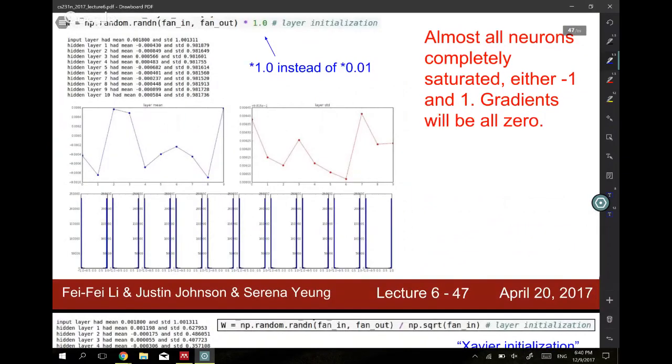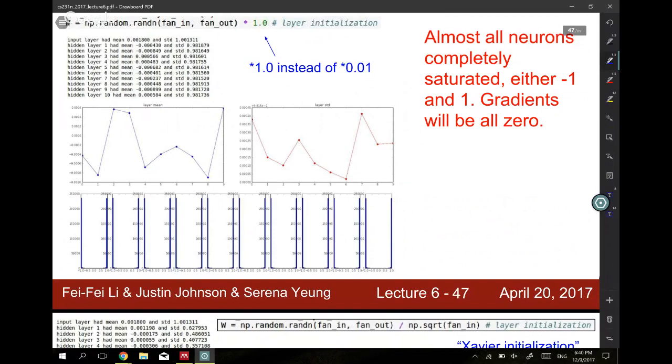So our next case is, instead of multiplying with some small number like 0.01, we multiply it with a larger number such as 1. If you look at the graphs here, there's still some problem with it. So what is the problem?